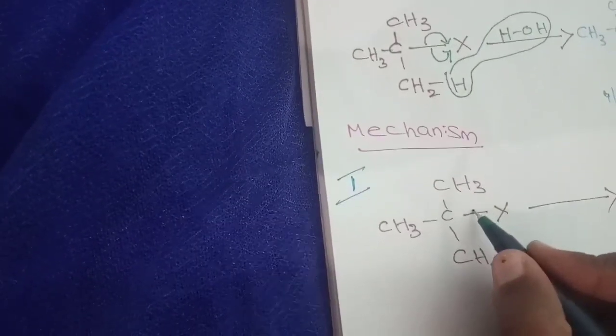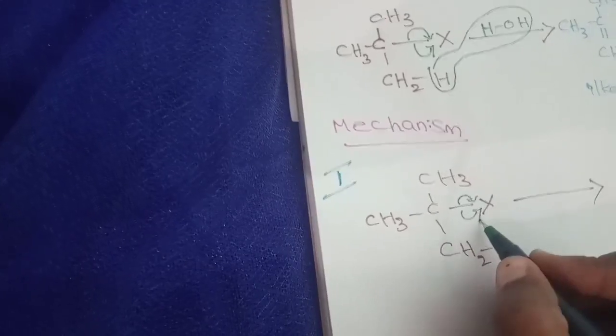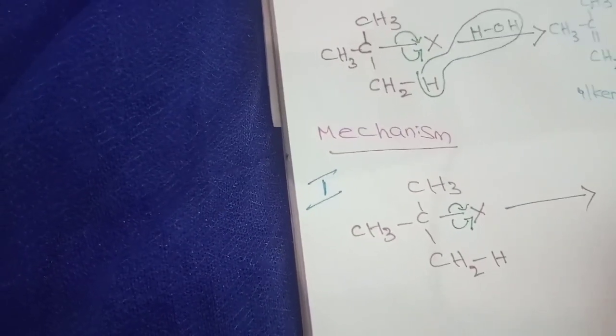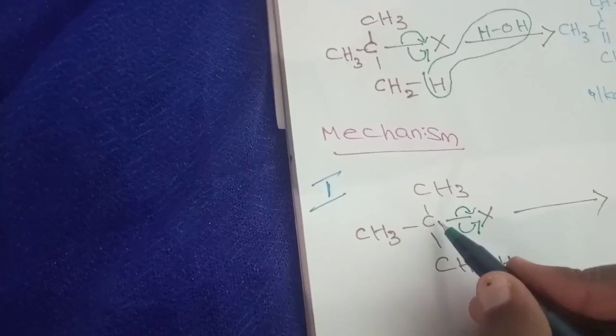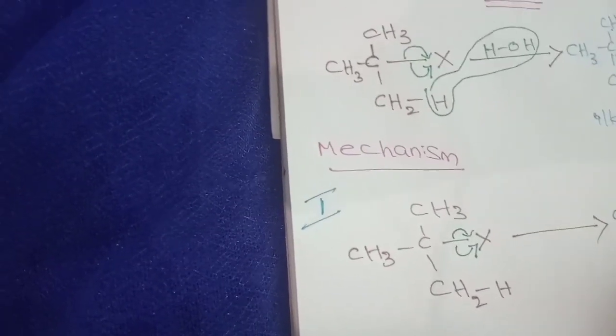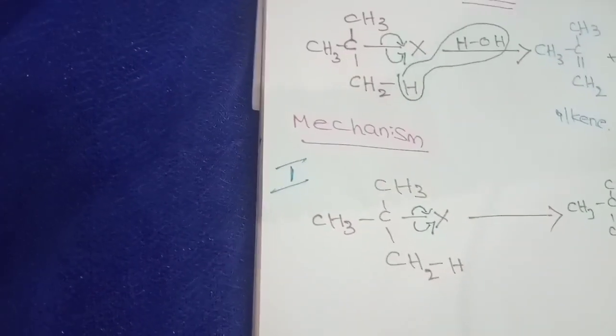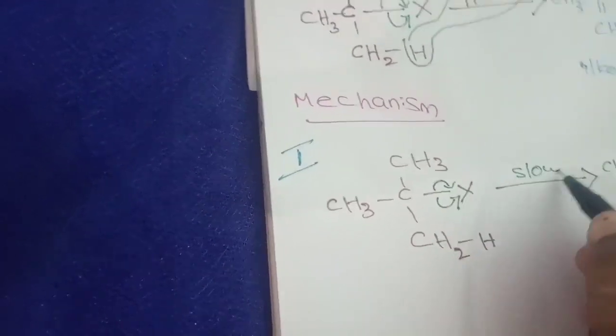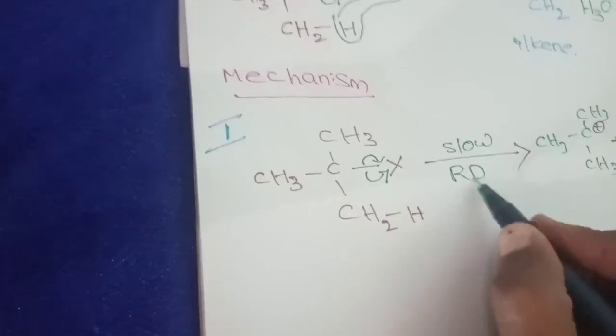Due to high electronegativity, the halogen atom is removed as X minus, and here carbon gets a positive charge. So we get a carbocation here. In the first step we get a carbocation. It is the slow step and rate determining step.